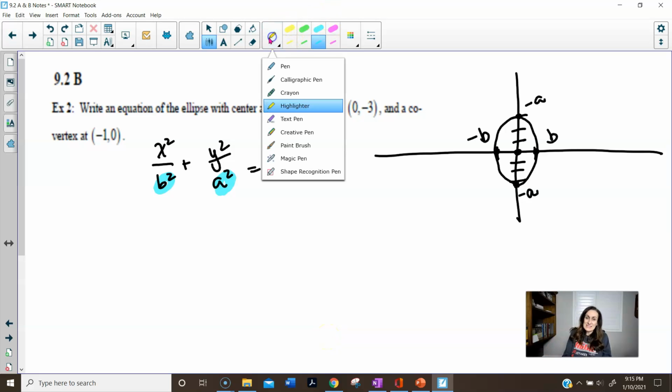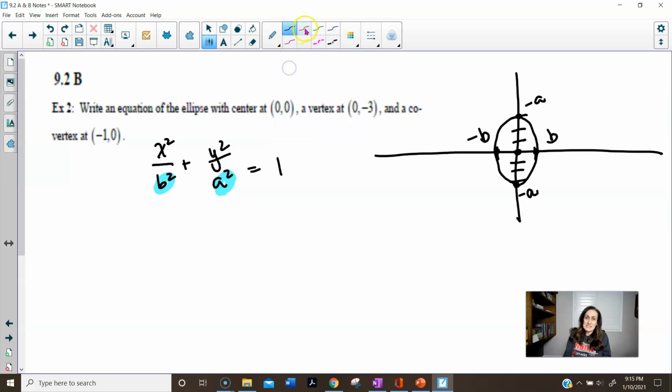Well, a is the distance from the center up to a vertex. So here's a, 1, 2, 3. So a is equal to 3. And b is going to be the distance from the center out to the co-vertex, which is 1.